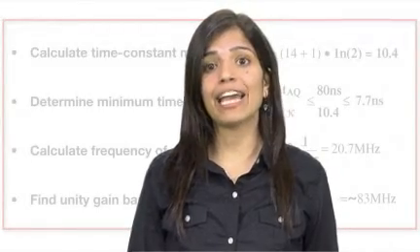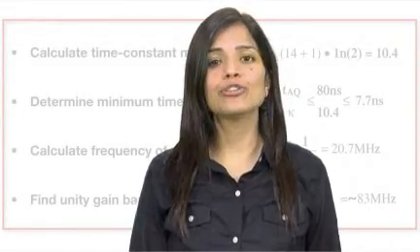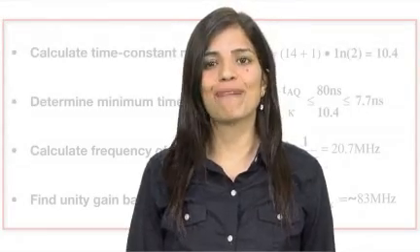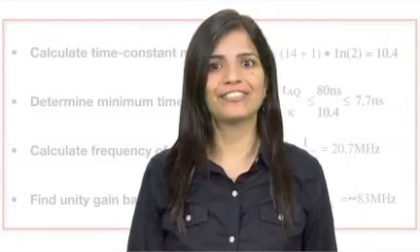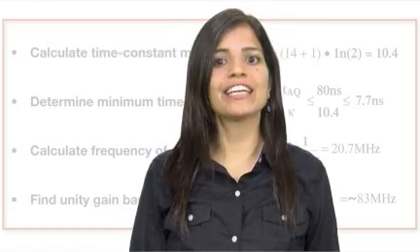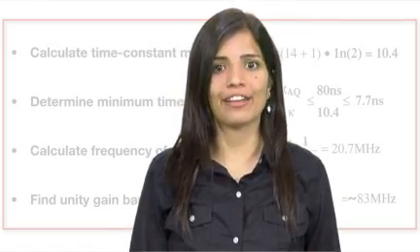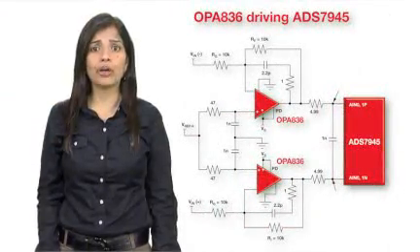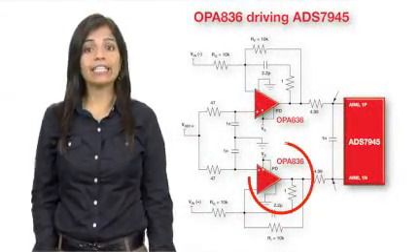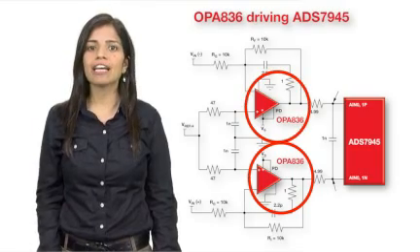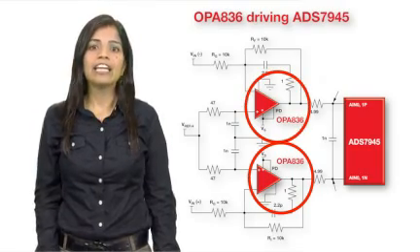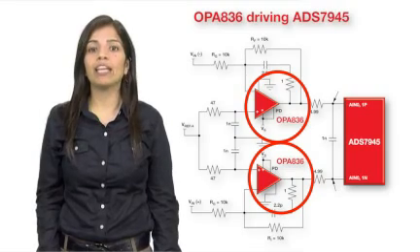OPA836 with 1 milliamp of quiescent current and 205 megahertz of bandwidth would work great for driving this micropower ADS7945.